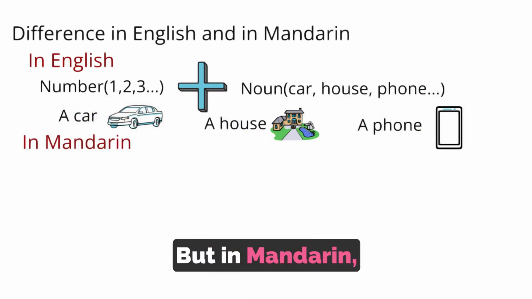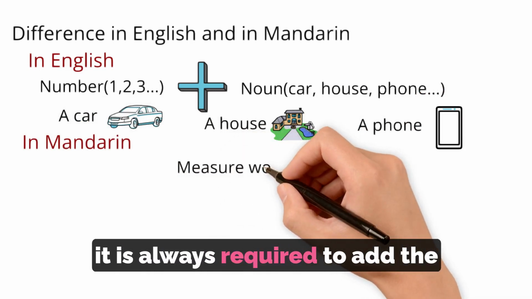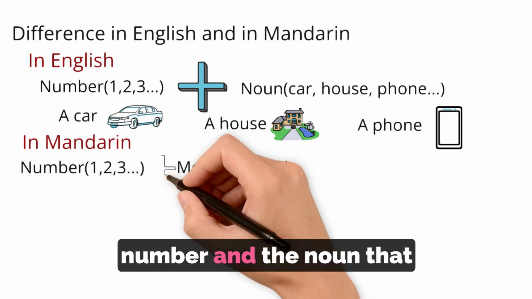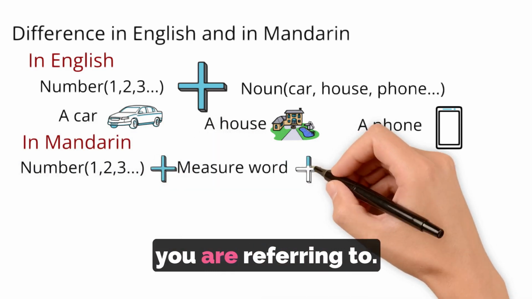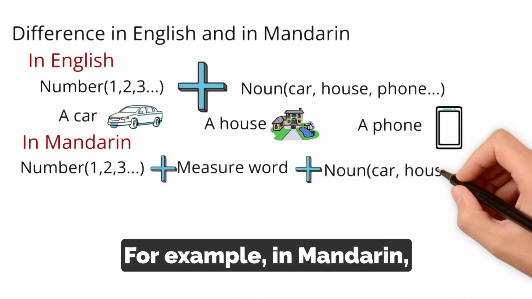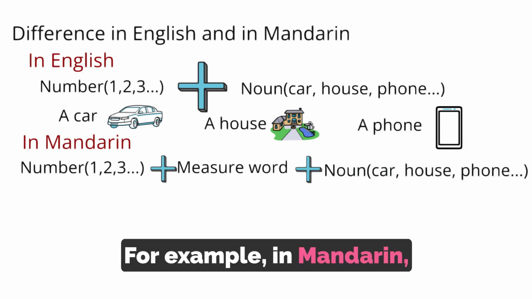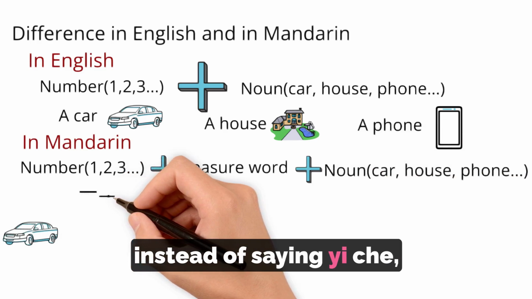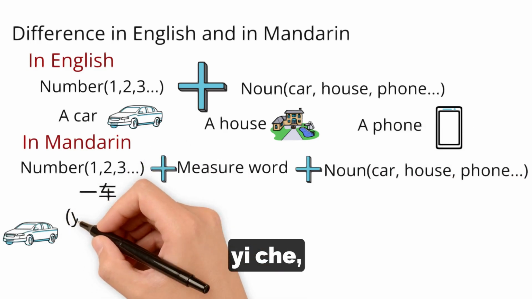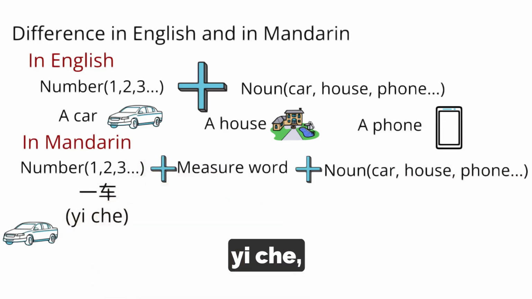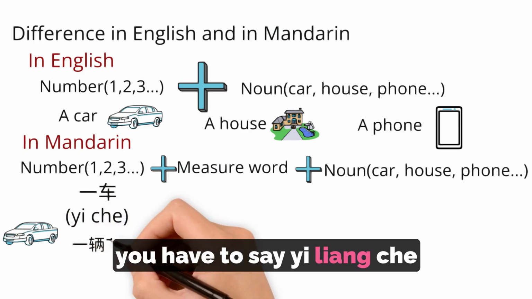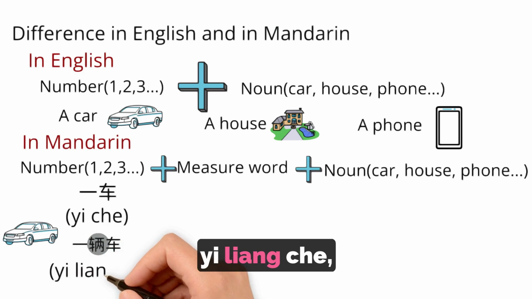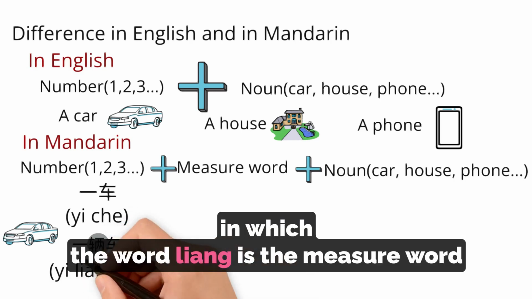But in Mandarin, it is always required to add the measure word in between the number and the noun that you are referring to. For example, in Mandarin, for a car, instead of saying 一车, you have to say 一辆车, in which the word 辆 is the measure word.